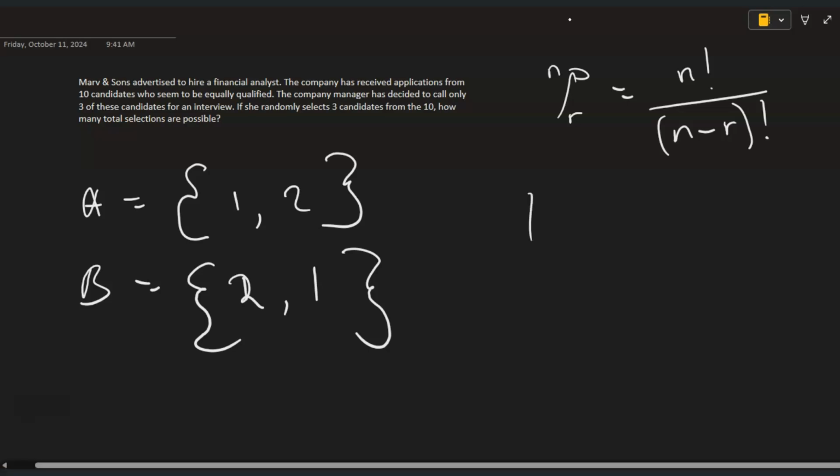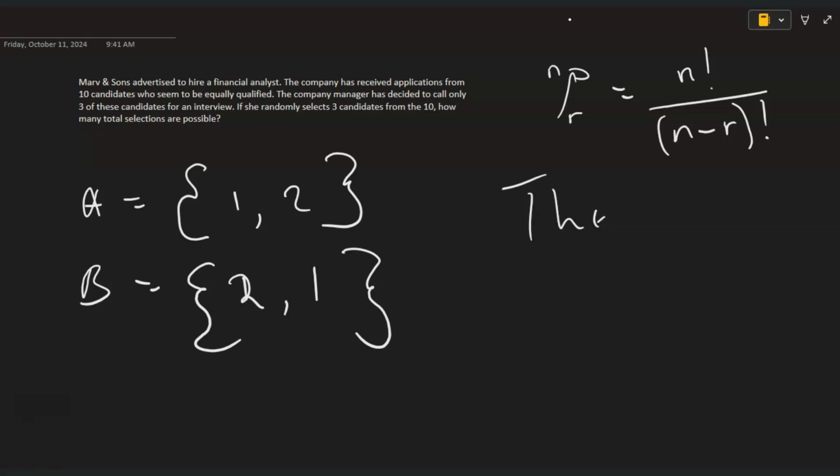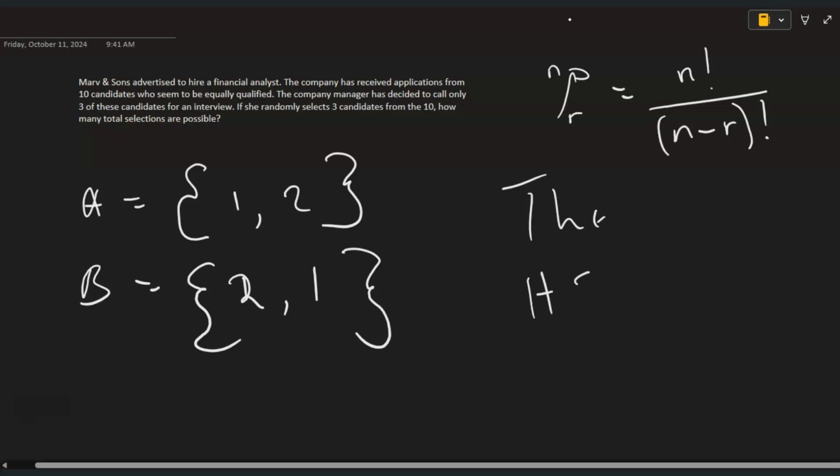So if I have a word comprising the three letters THE, and I decide to rearrange this word into HET, under permutation, these two arrangements of letters are different.